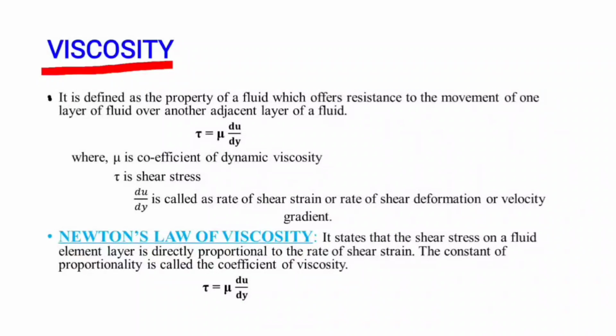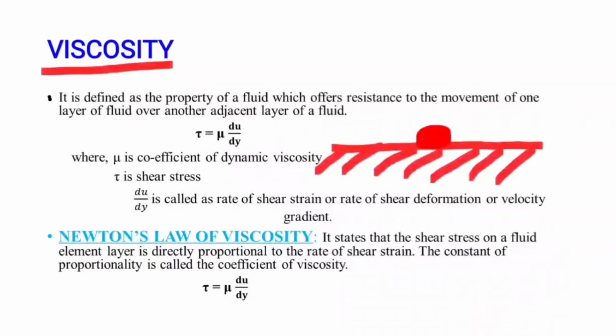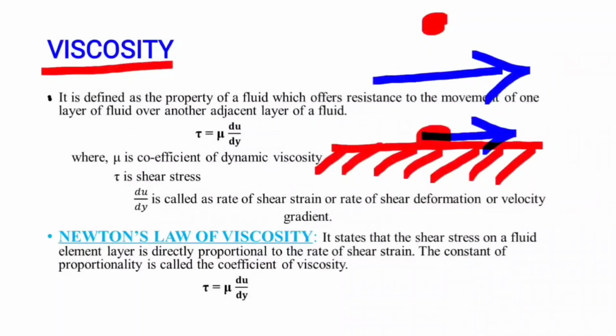For example, it is a bed of canal. This is a particle of water. This is also a particle of water. The flow is in this direction. It tries to move in this direction, but some force or resistance has to stop the flow of the bottom particle of water.